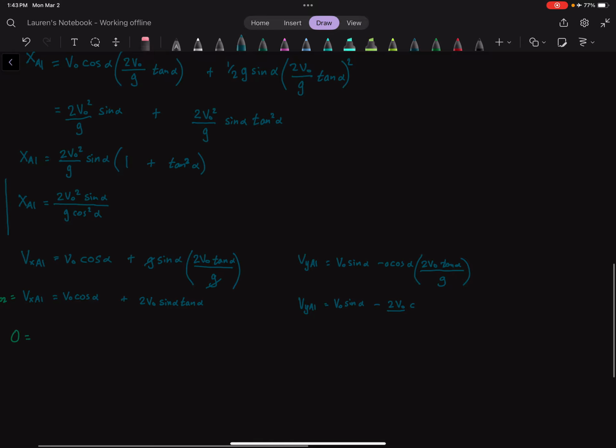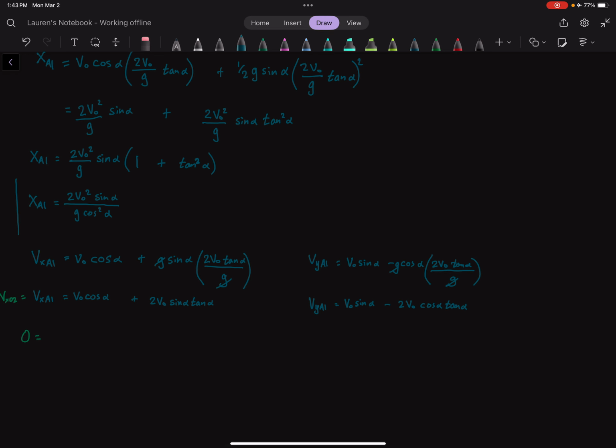Minus g cosine alpha there. So then the g's cancel, as they should, because that's what happened in the other one as well. And it's a symmetric thing here. So 2v0, we don't have an over g, cosine alpha tangent alpha, right? Okay.